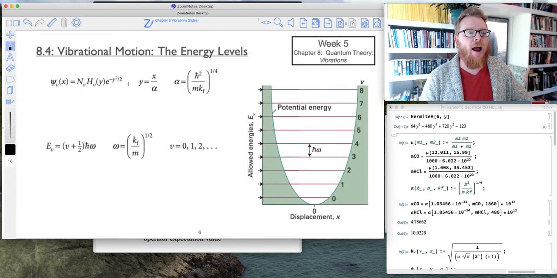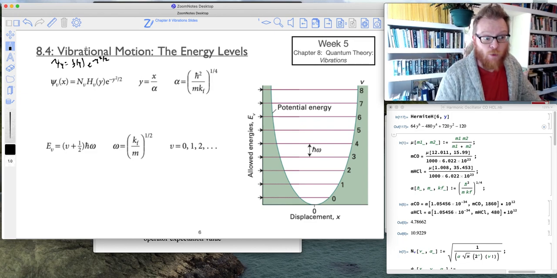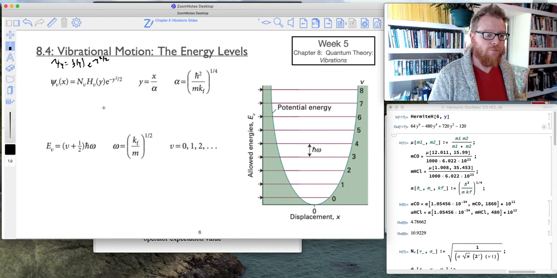So that's where I have this all written out right here, right? So I'll remind you, psi of y was f of y e to the negative y squared divided by 2. So there that is, where I'm going to replace f of y with my Hermite polynomial in y. We've got there the e to the negative y squared divided by 2.